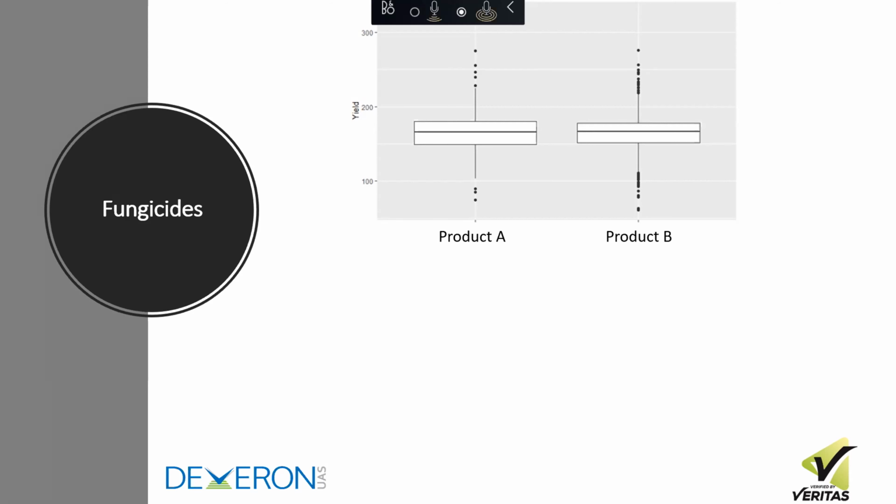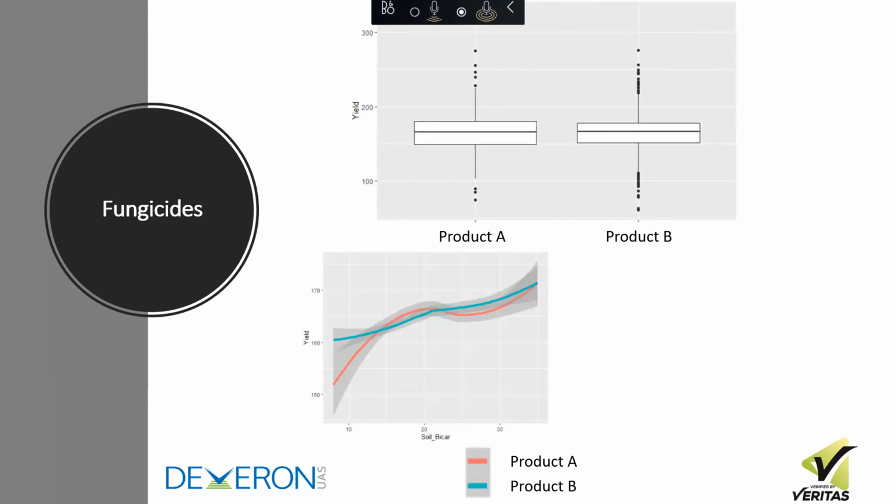There was no doubt that with the new product, the wheat was a lot cleaner. It looks like a late flush of septoria or alternaria came in and turned the wheat black, basically. This new product did a really good job of preventing that, but wasn't a slam dunk on increasing the yield.